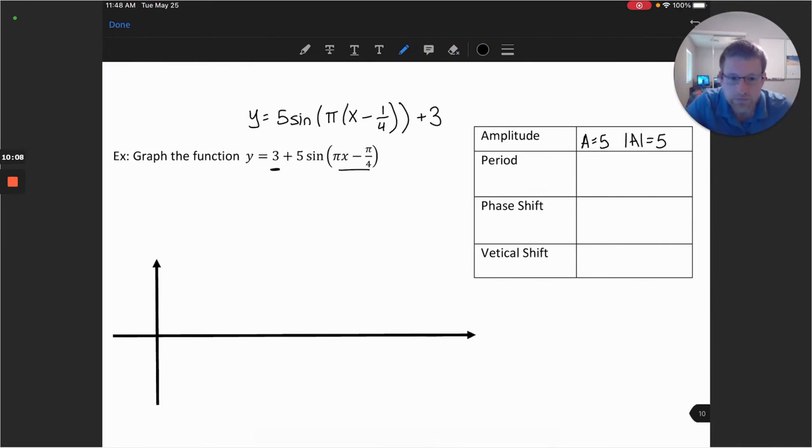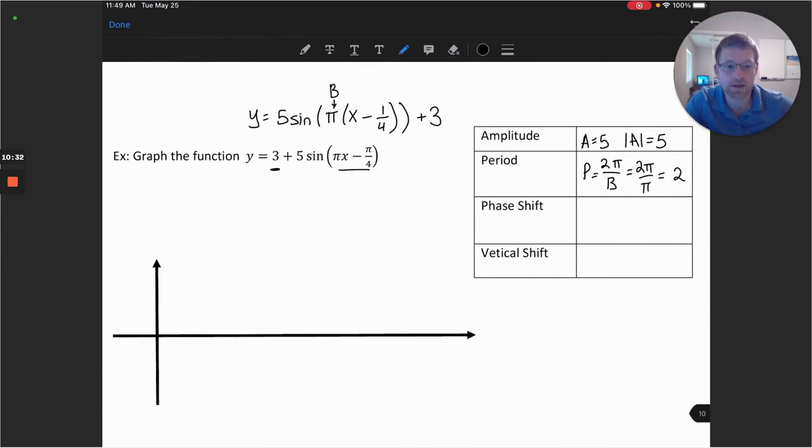The period, again, is always going to be 2 pi divided by B. And so in this case, our B value is sitting right here. That is pi. So in this case, since B is pi, we're going to have a period of 2 units.